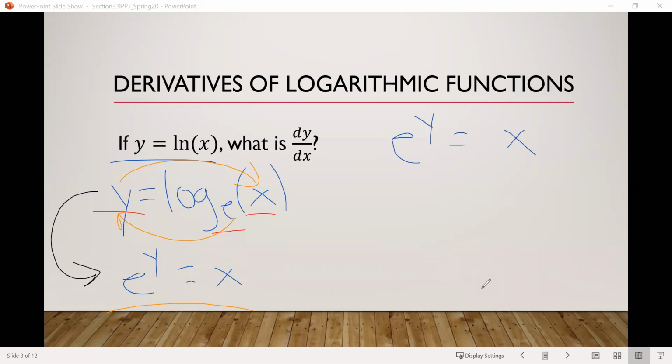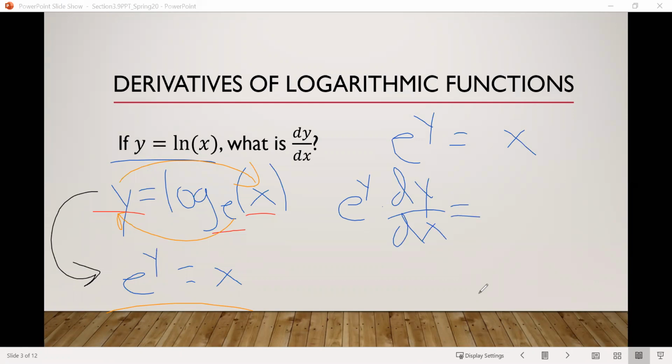Take the derivative here. Notice we have both y's and x's, so this is going to involve some implicit differentiation. We'll take the derivative of the left-hand side. Since it's e to the y, we know the derivative of that is just e to the y, but because of that y there, using the chain rule, multiply by dy dx.